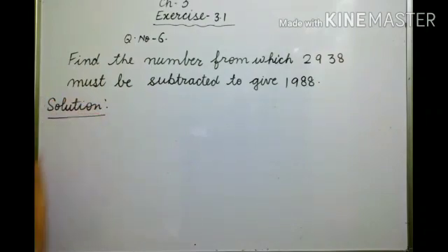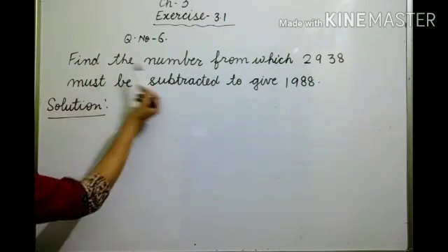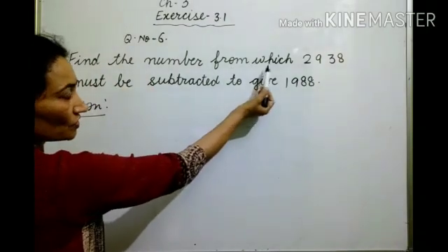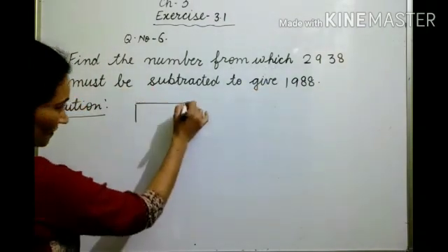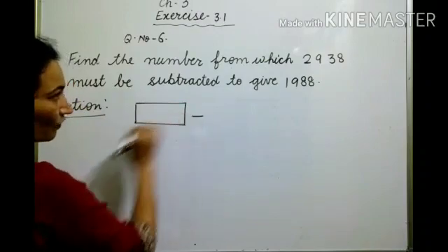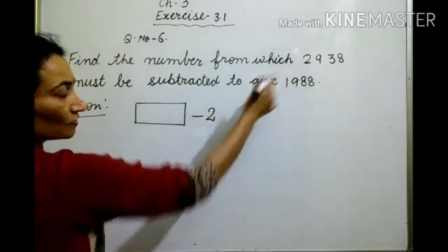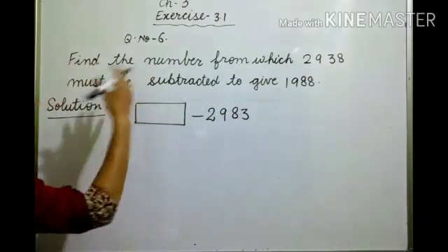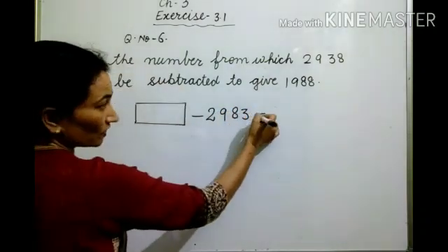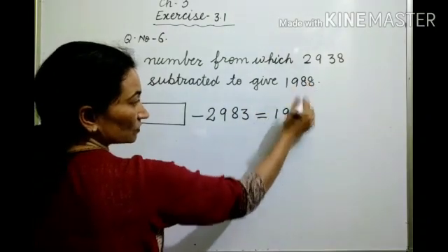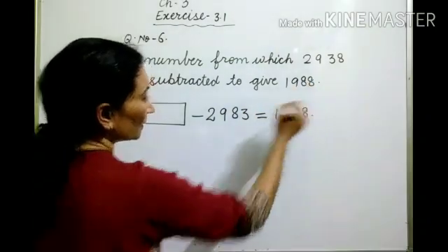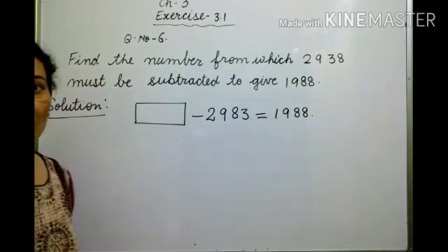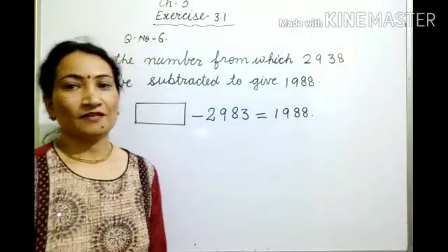First we see what is given. Find the number from which 2983 must be subtracted, which will give answer 1988. This is same question as we have done question number 5.